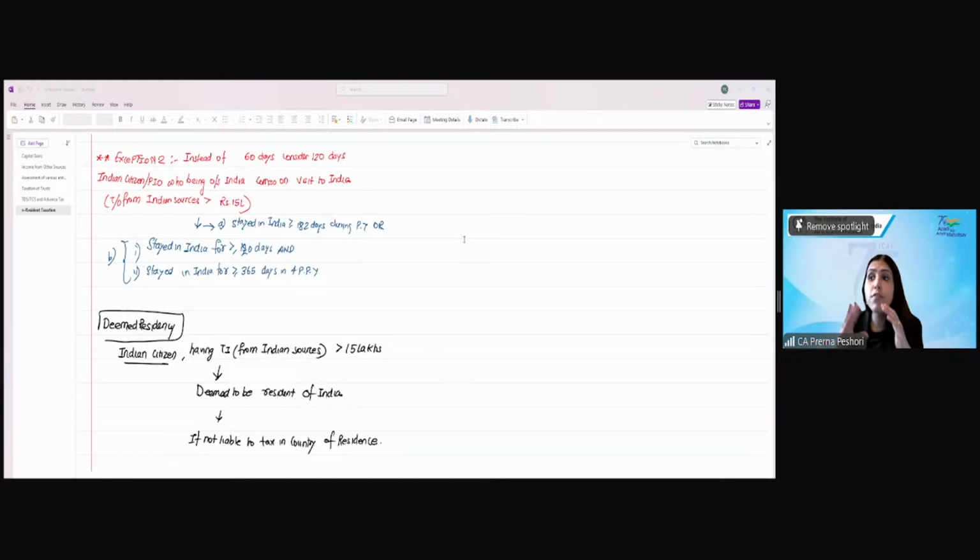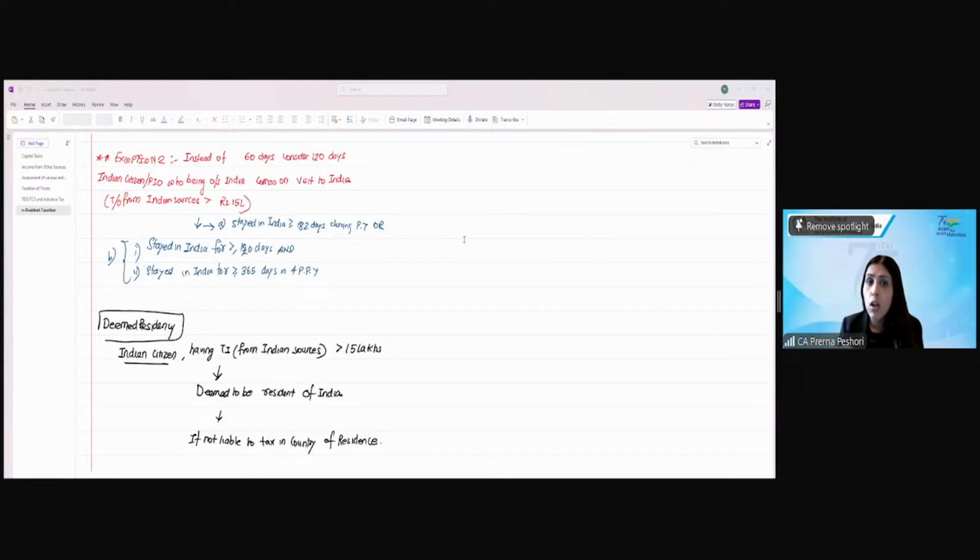So even if I have not stayed in India for even one day, I would still be considered as a deemed resident of India. Right? A classic example of this is, let's say, a resident of UAE. UAE does not impose personal income taxes.